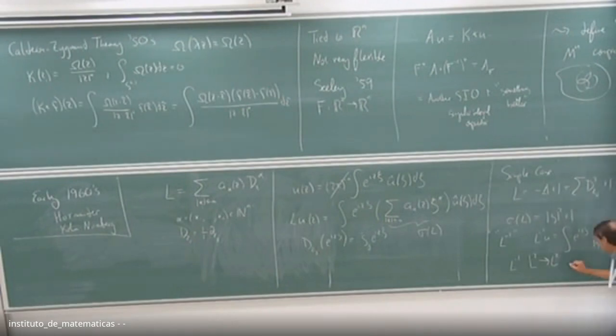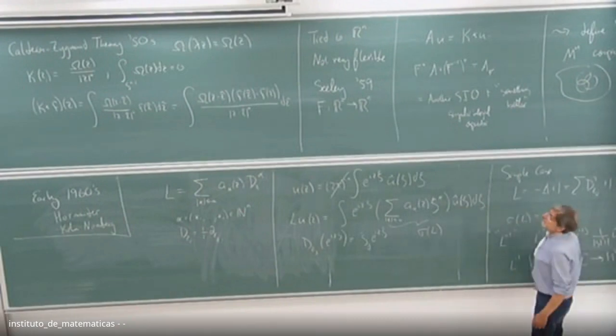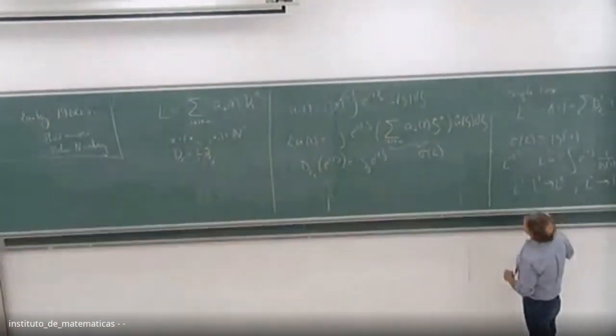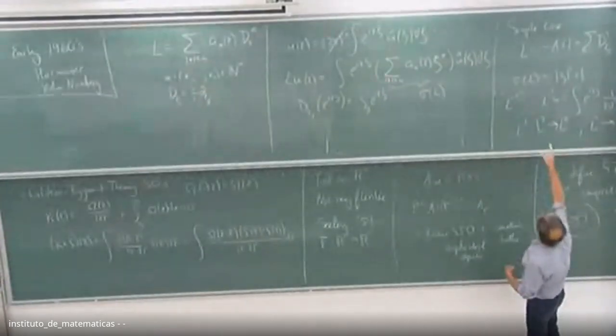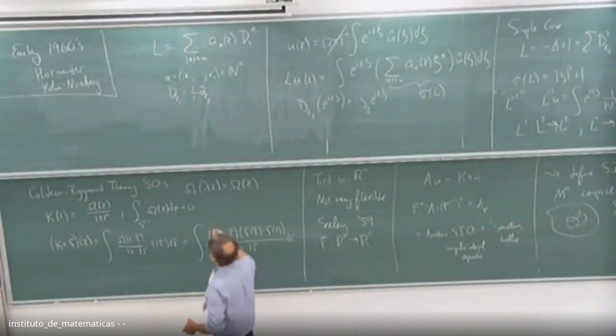In fact, it's even better if you think a little more: this is bounded from L2 to H2. You have to know what H2 is, but we'll get to that soon enough. So this is a very nice definition. The question is, how do you do the same thing here? What makes this work is the fact that the symbol is invertible, so this algebraic thing you get at the other end is invertible.